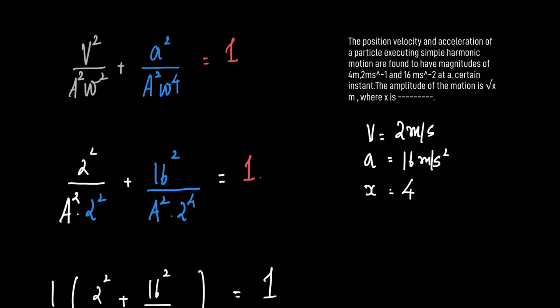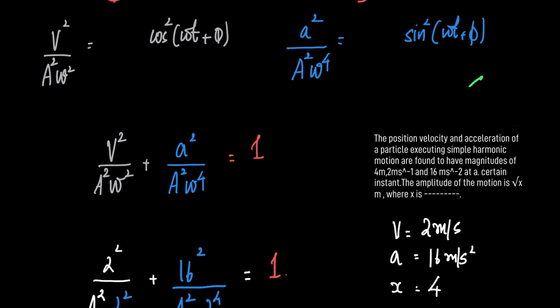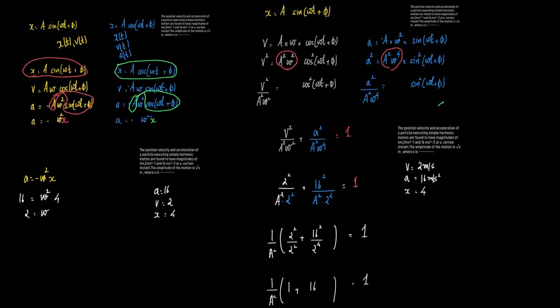Velocity is 2 meters per second, acceleration is 16, displacement is 4. So acceleration is 16, amplitude is unknown, velocity is 2. Do we have displacement here? Okay, we don't have displacement.